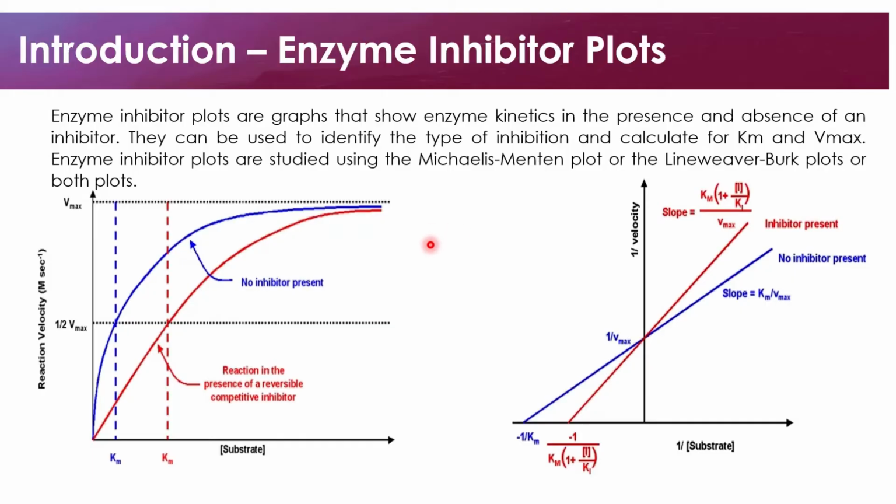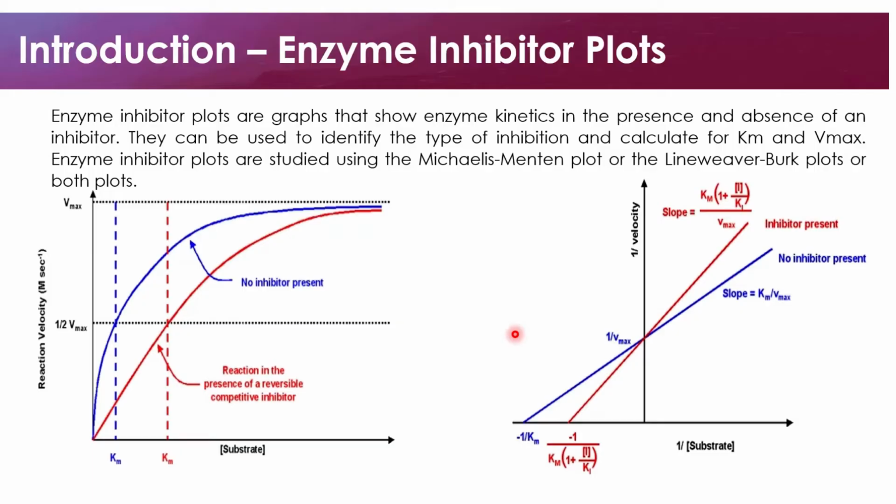So these are the plots, on my left the Michaelis-Menten plot, and on my right the Lineweaver-Burk plot. And what we have to notice is that these plots normally represent two main reactions in an enzymatic reaction.